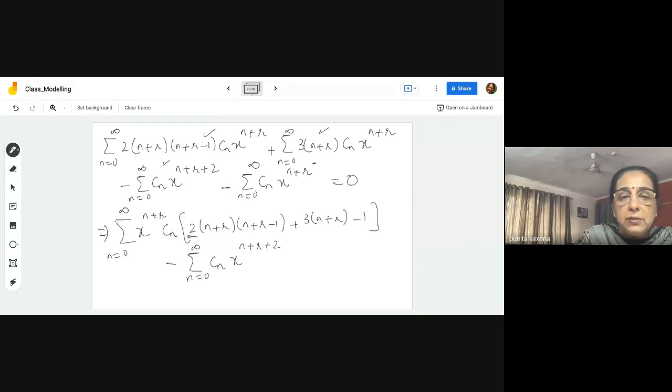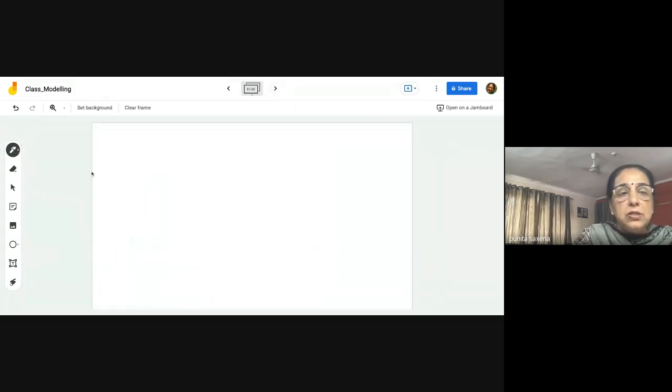Can you simplify this bracket? If we take n plus r common, what do you get? I mean, the first two terms. I'm just writing it for you again. It's going to be summation n from 0 to infinity c_n x to the power n plus r. Now just simplify this.